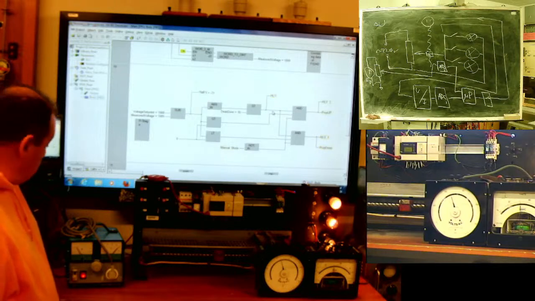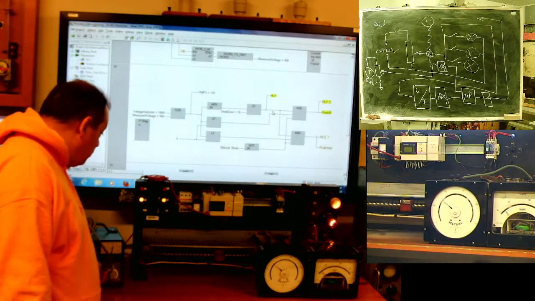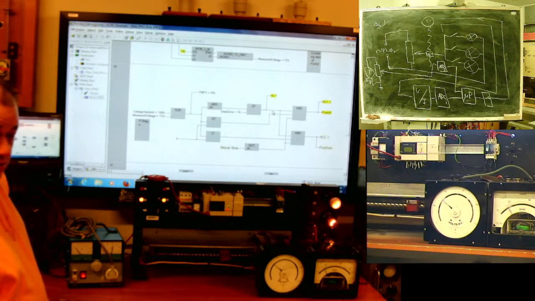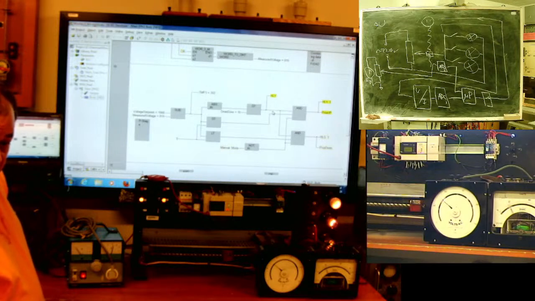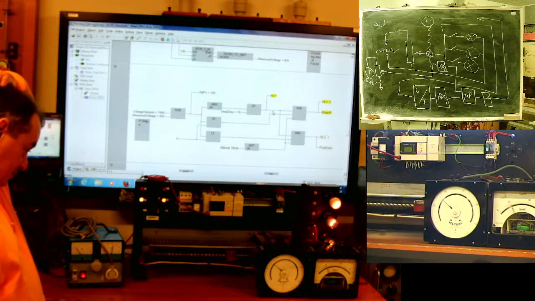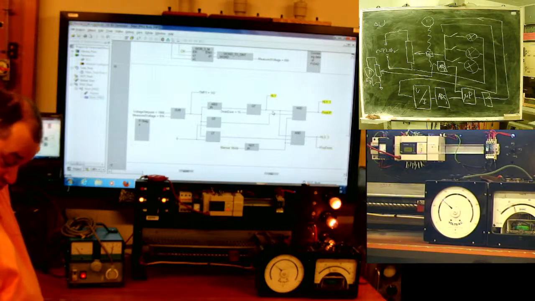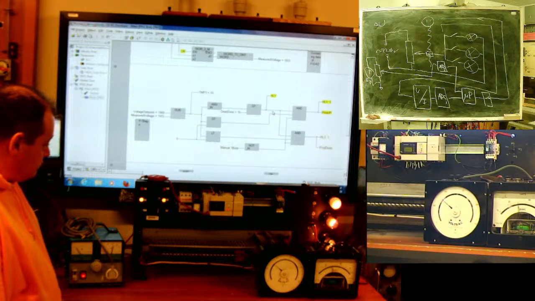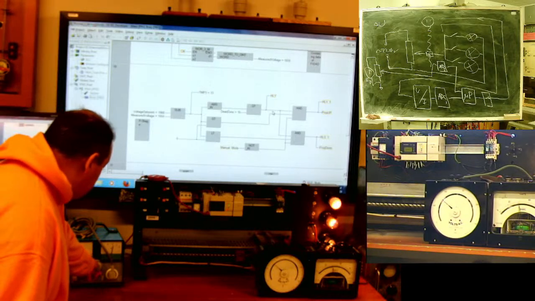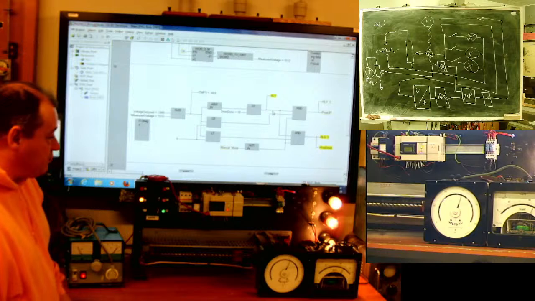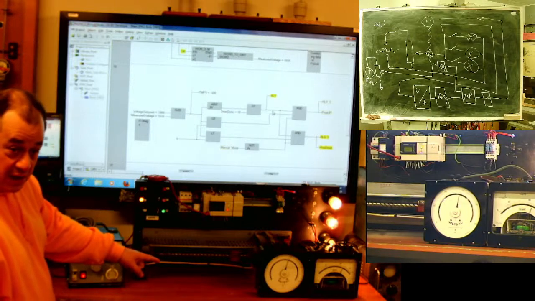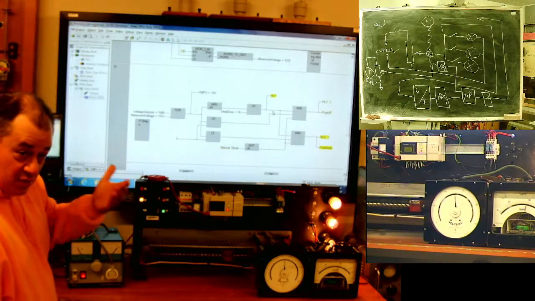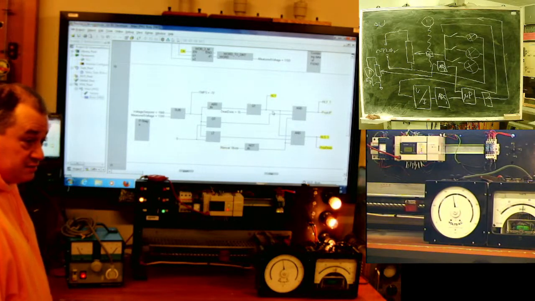Oops. Reduce voltage. And the regulator plays back. So in some range of voltages, I increased the primary voltage, and the system compensates it back.